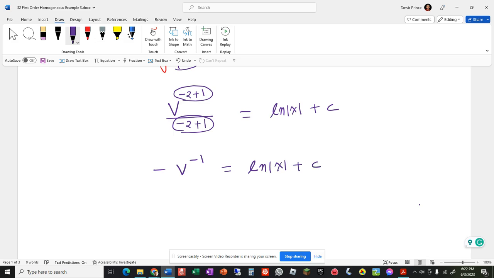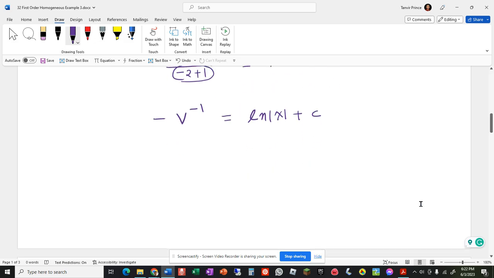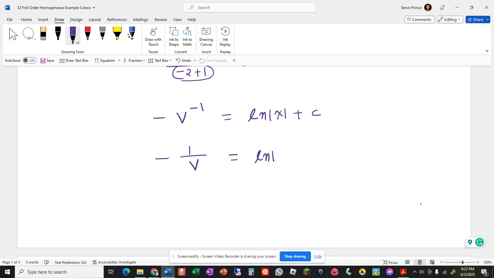And of course, I can rewrite this as negative 1 over negative 1 over v. V to the power negative 1 is 1 over v. Finally, don't forget to substitute back. Remember, v is equal to y over x, so make sure I substitute this back at the end.